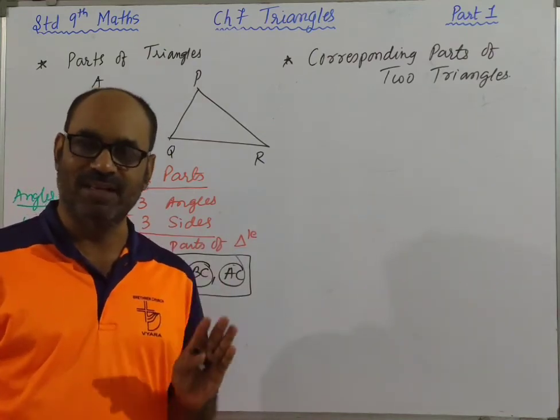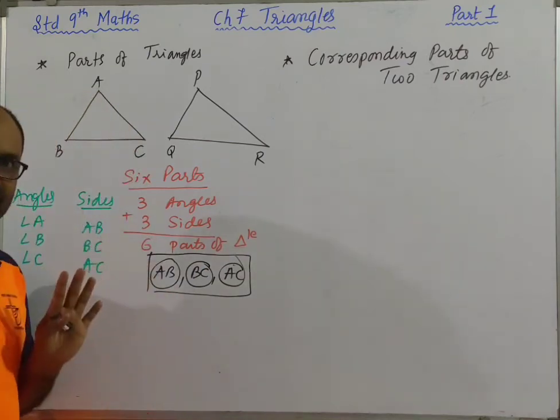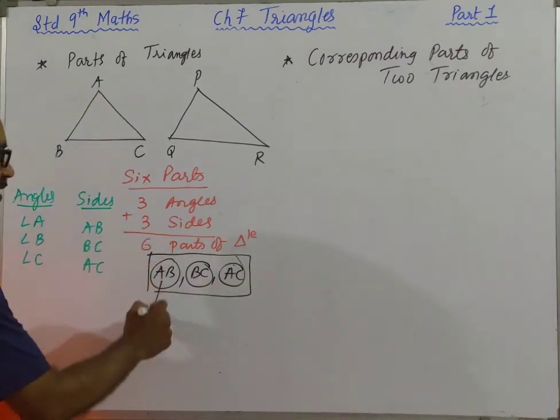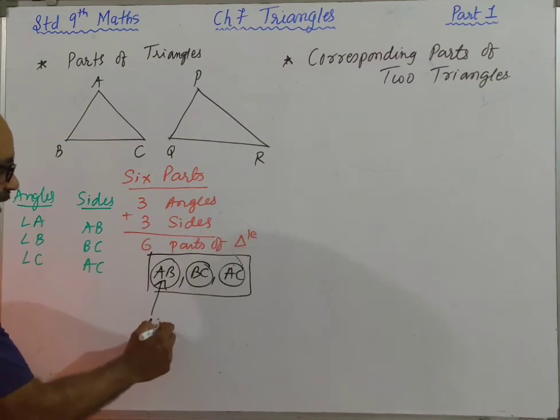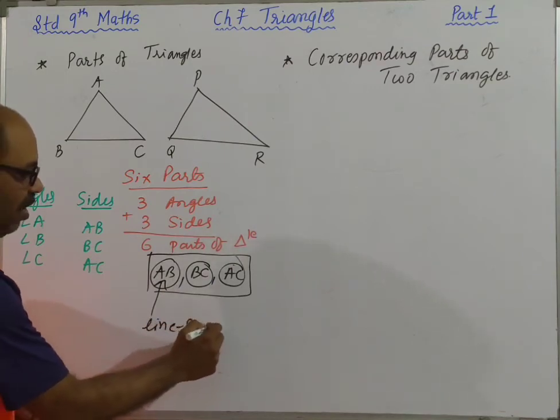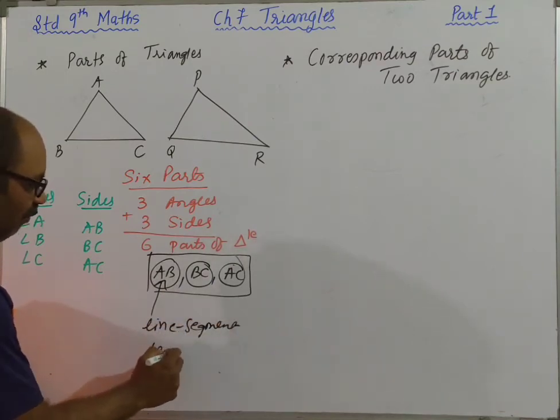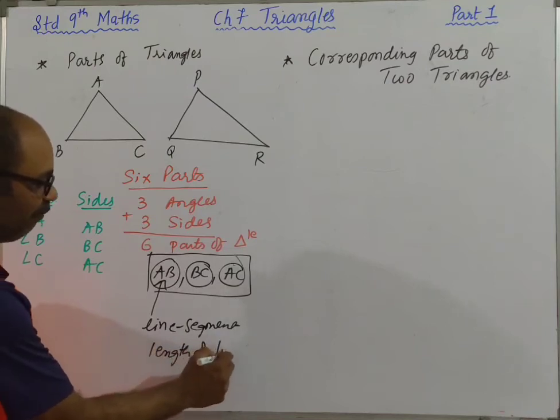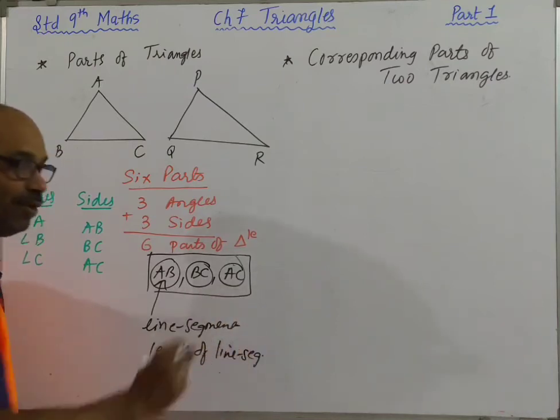Both represent length and line segment, is that clear? ये चीज एक ही है, लेकिन उसको आप लाइन सेगमेंट भी बोल सकते हैं और लेंथ ऑफ लाइन सेगमेंट भी बोल सकते हैं. Are you getting me?